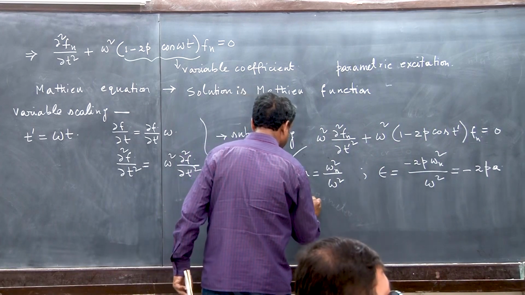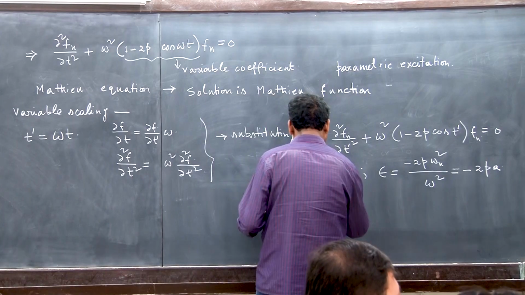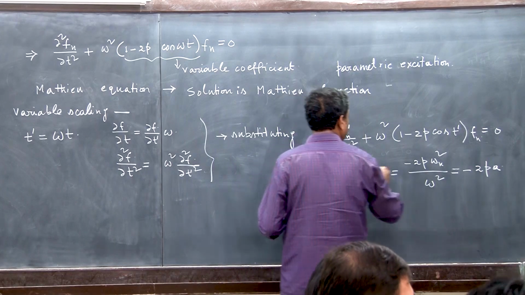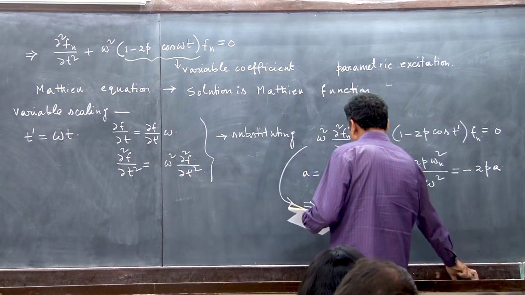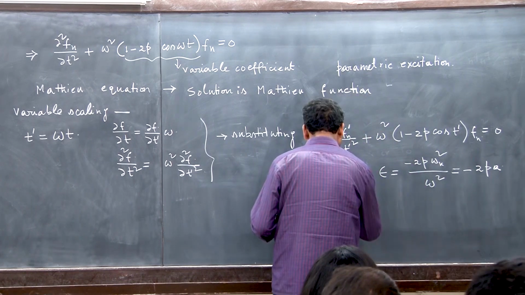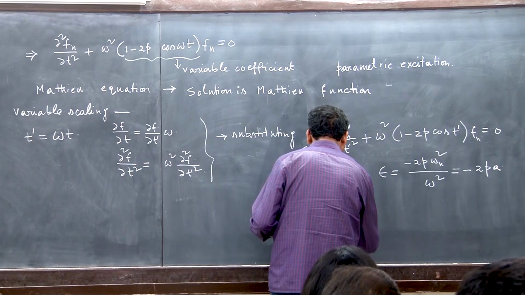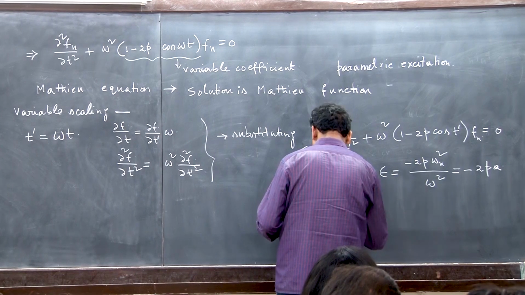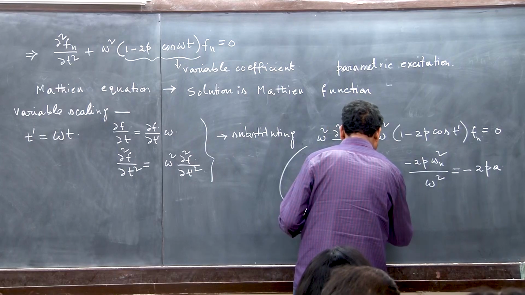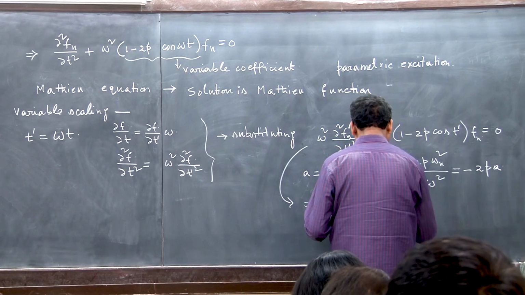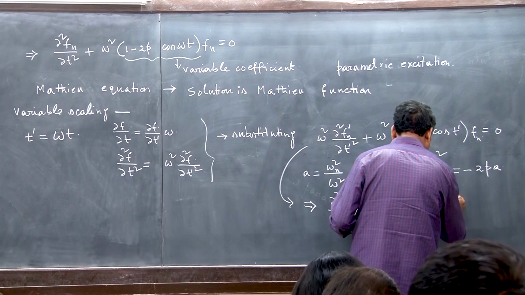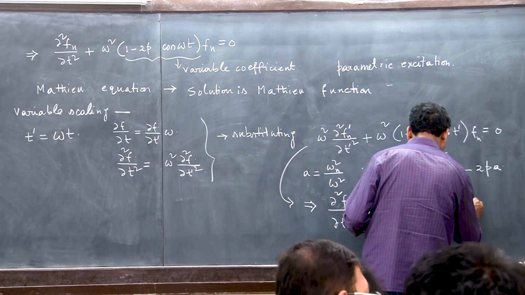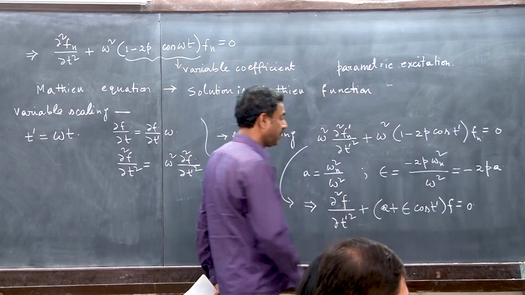Then this equation can be further simplified to del 2f del t dot square plus a plus epsilon cosine of t dot times f is equal to 0. So this is the standard form of the Mathieu equation.